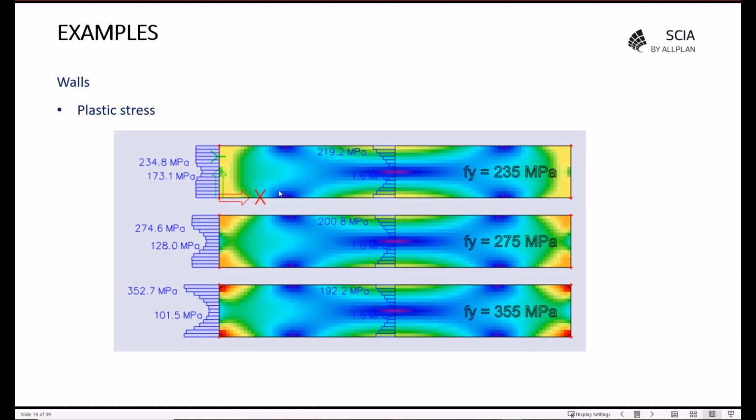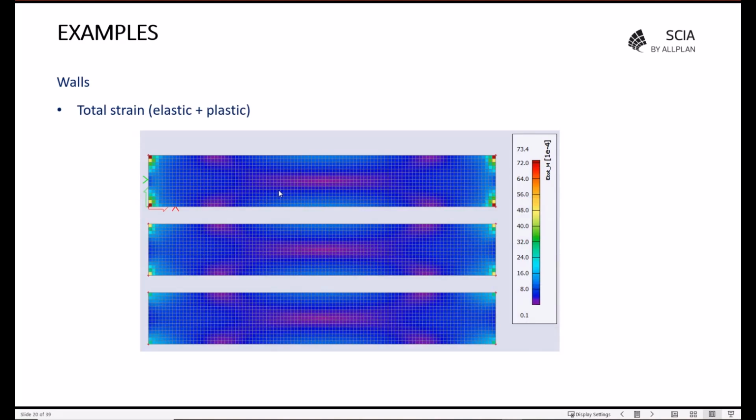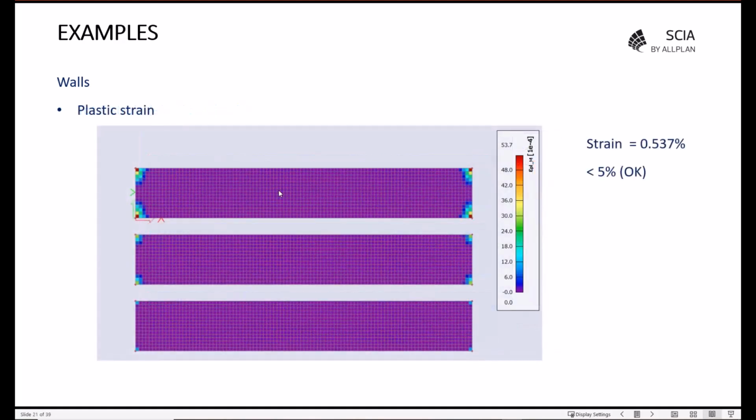For the plastic stresses, the results with the nonlinear combination, we can see that the value is approximately equal to the plastic limit, and there's a redistribution of this stress in the intermediate part of the plate. After, for the total strain, which is elastic plus plastic, we have a greater value for the less resistant steel. And finally, for the plastic strain, we have 0.537%, which is less than 5%, so the strain is okay.